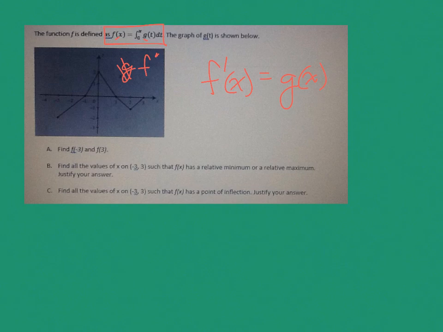So when we look at part A, we want to find f of negative 3. So according to our defined f of x, f of negative 3 is going to equal the integral from 0 to negative 3 of g(t) dt.